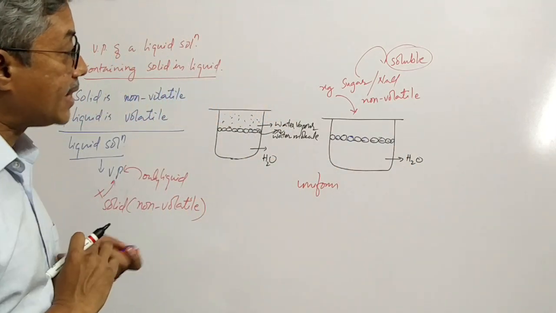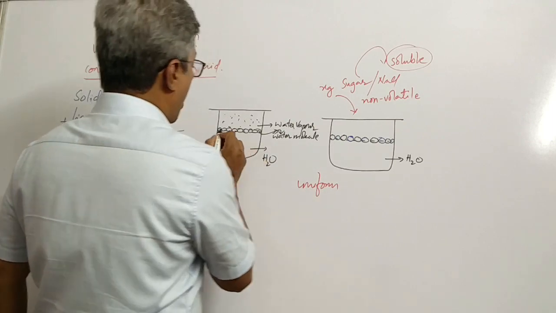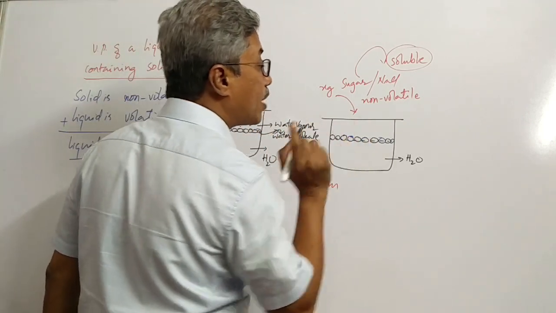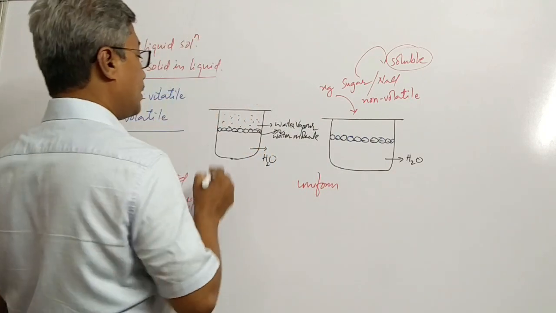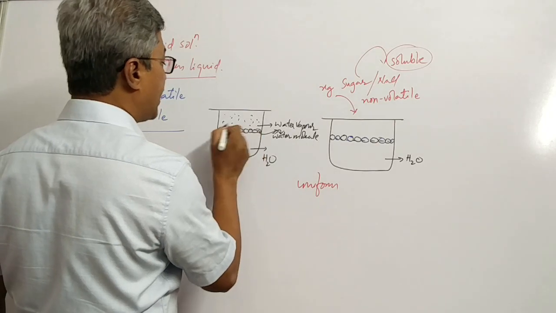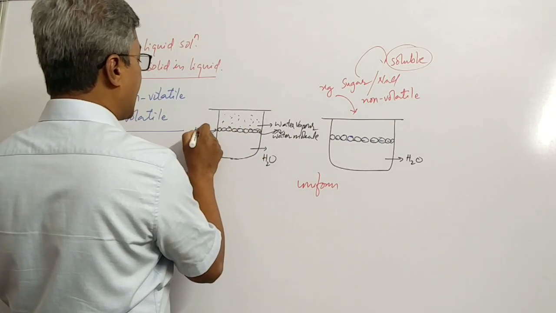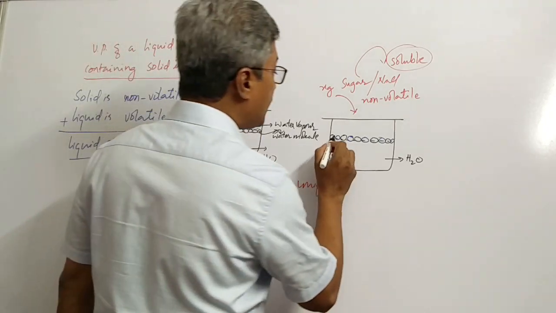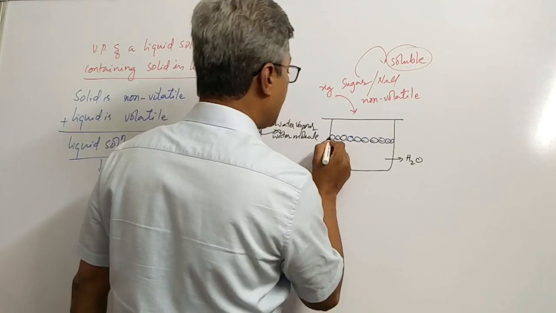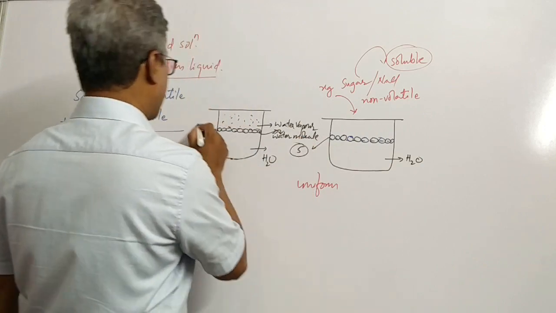See students, what are we noticing? How many water molecules were available here? Here so many water molecules are not available. See here, suppose 1, 2, 3, 4, 5, 6, 7, 8, 9, 10. These are 10 water molecules available. Here now 1, 2, 3, 4, 5. Only 5 water molecules are available.